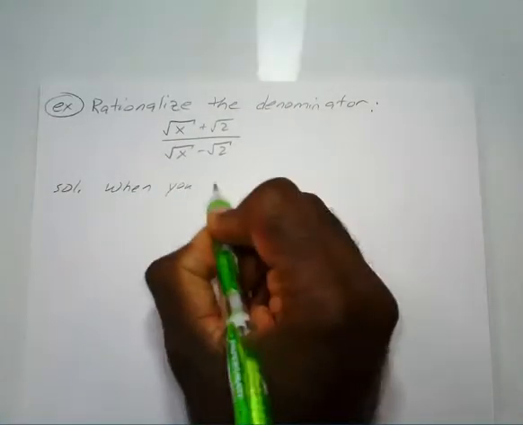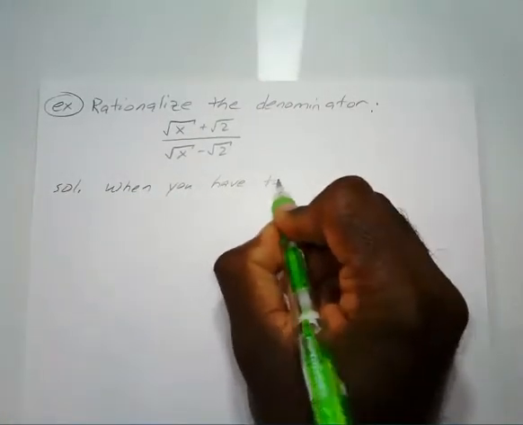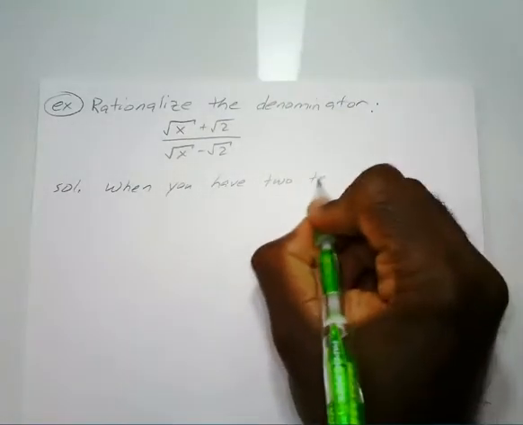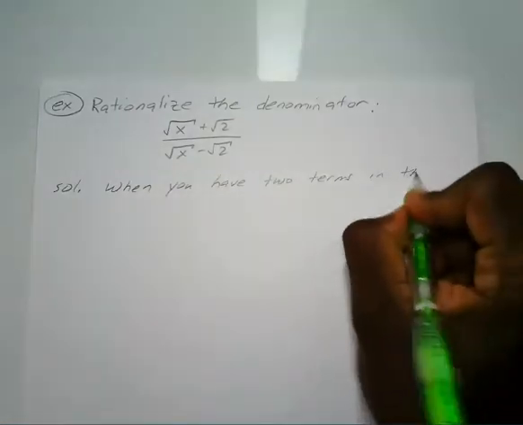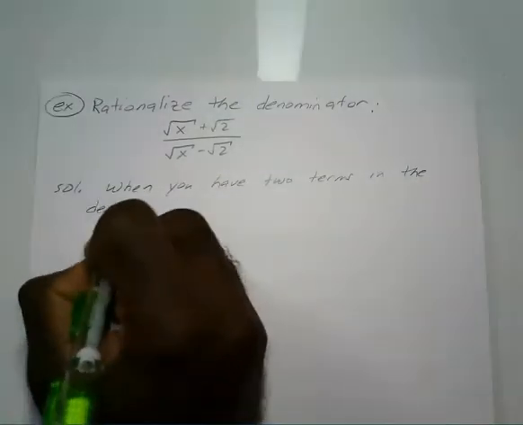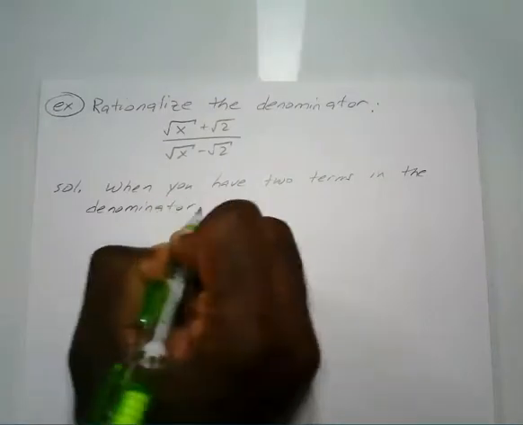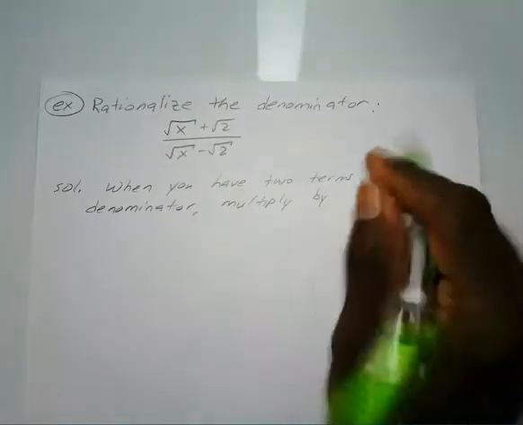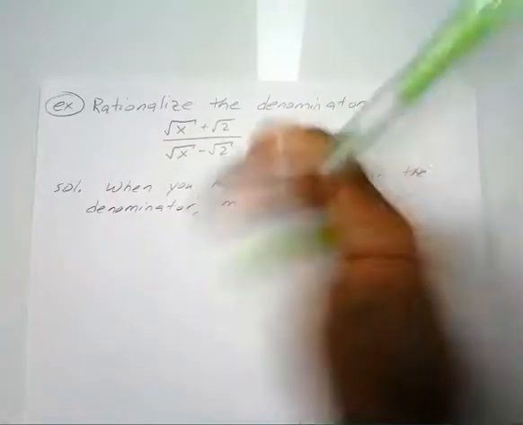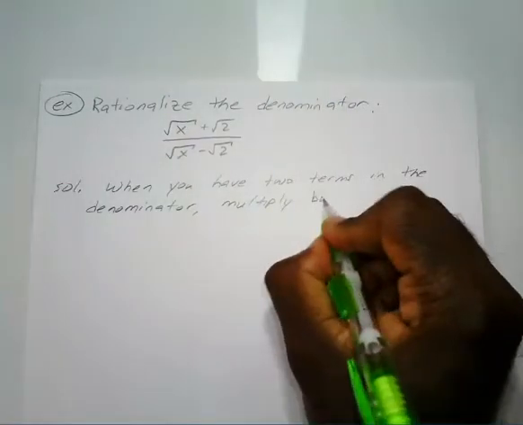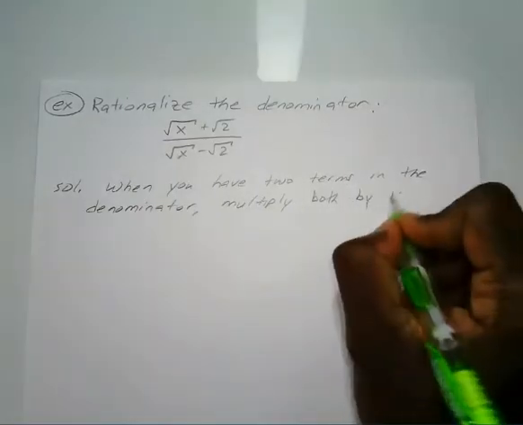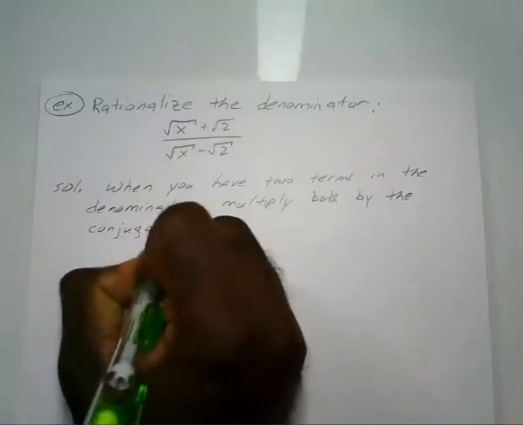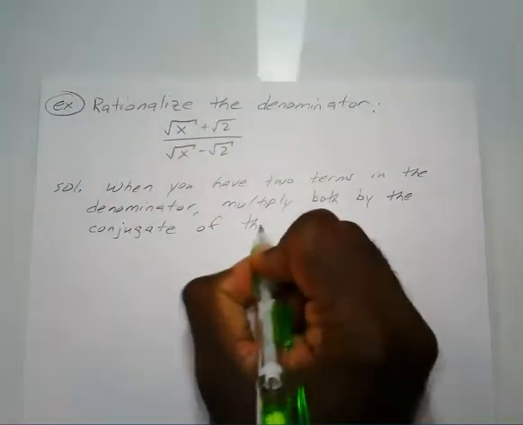When you have two terms in the denominator, multiply both by the conjugate of the denominator.